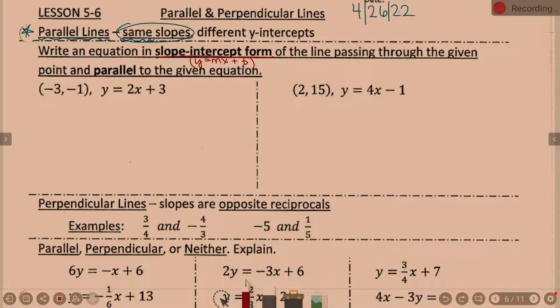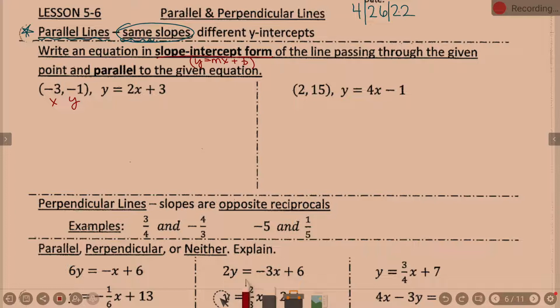Now, so we want to write y equals mx plus b. We want to use the given point. So we're using this point. What do we know about an ordered pair? What's the order in an ordered pair? What letters are these? X and Y, right? So here's X and Y. And then we need parallel to the given equation.